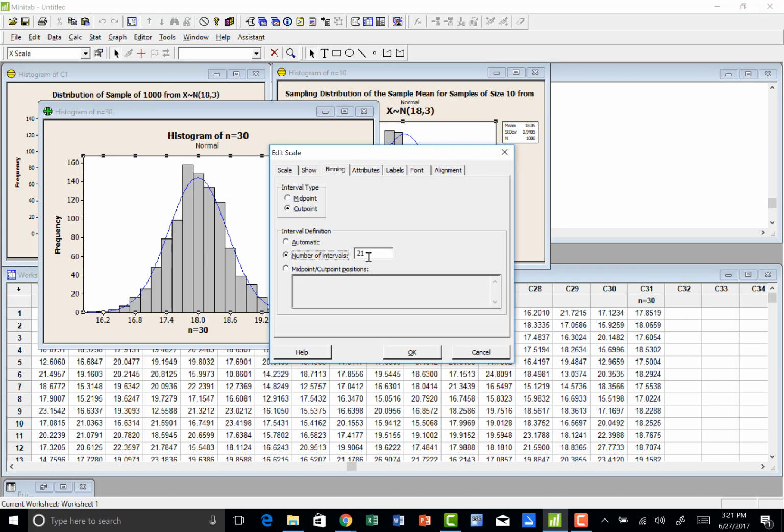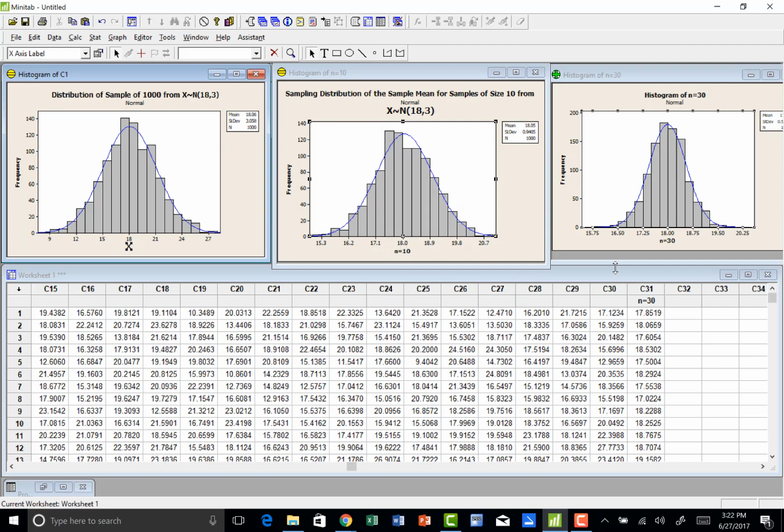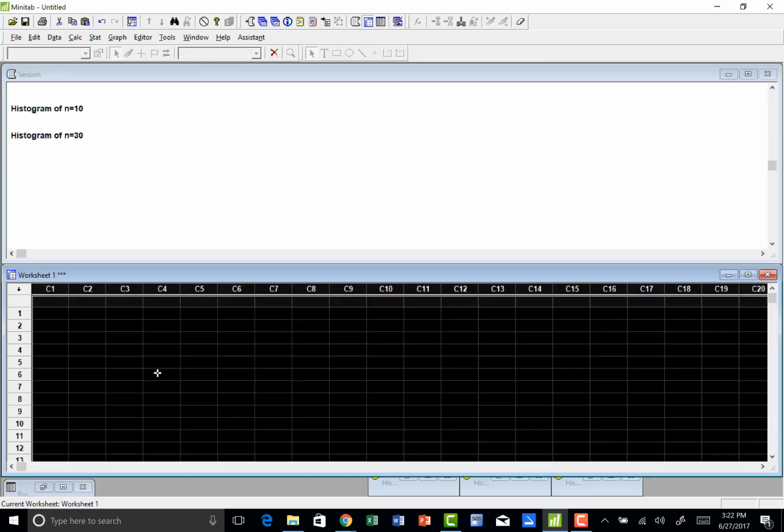Keep the same number of intervals. And as you can see, they all look relatively normally distributed, and that's what we thought would happen, as we were told. So now let's look at a very left skewed or very right skewed situation.